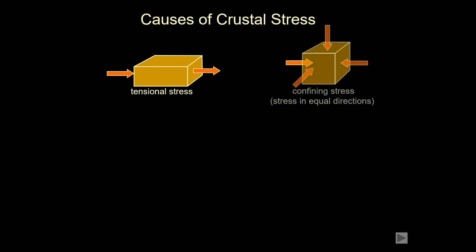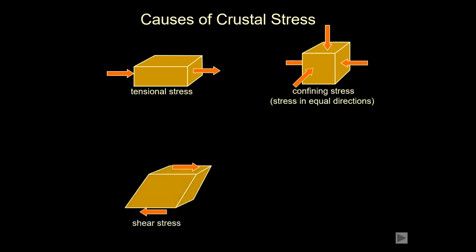Then we have confining stress, which means you have equal pressure from every side. Sometimes in metamorphic rock we find that. And then shear stress, you can imagine, is related to the transform boundary.